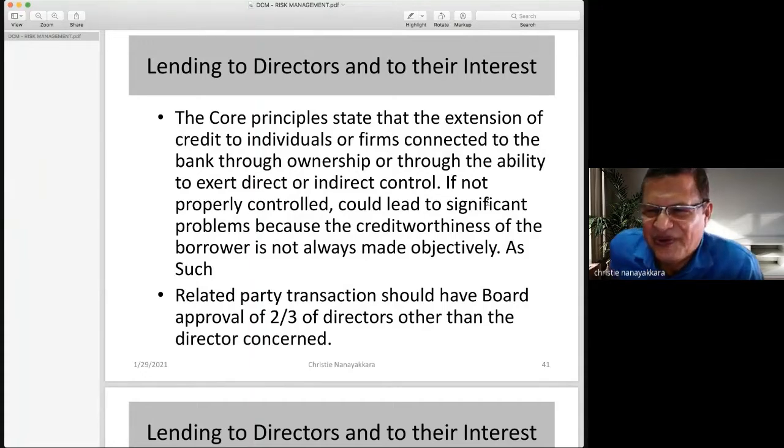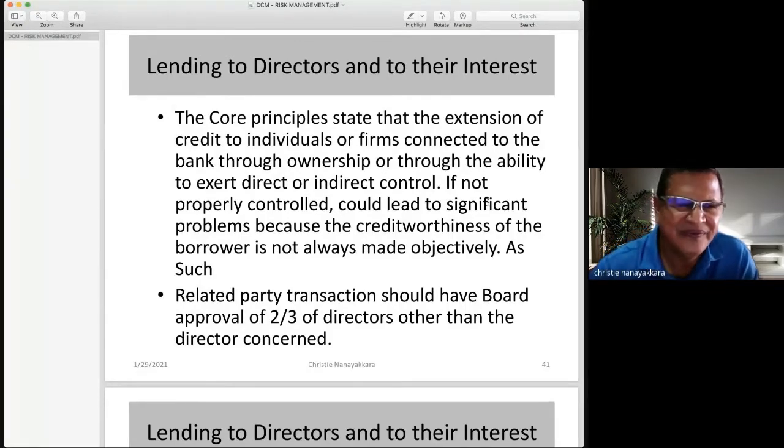Then he will have to go out of the boardroom and allow the other 10 directors to decide whether the facility can be approved. Out of that, two-third, that is about 7 directors, must approve this facility in order for the director's facility to be approved. So it's another control measure where other directors become liable when a facility is given to a fellow director.